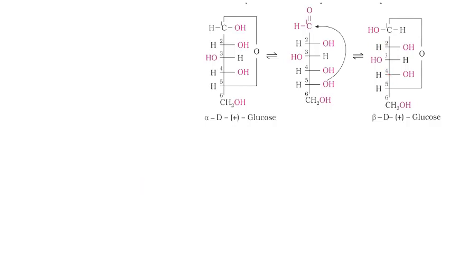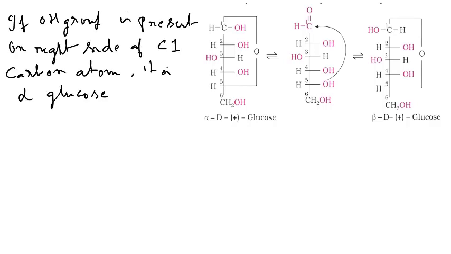So we can write, if the hydroxy group is present on the right side of the C1 carbon atom, it is alpha glucose, and of course D configuration is already assigned, and this is alpha D glucose. Since the optical activity is towards the right side, therefore it is plus. Totally it is alpha D plus glucose, and here the hydroxy group is present on the left side, therefore it is beta D plus glucose.